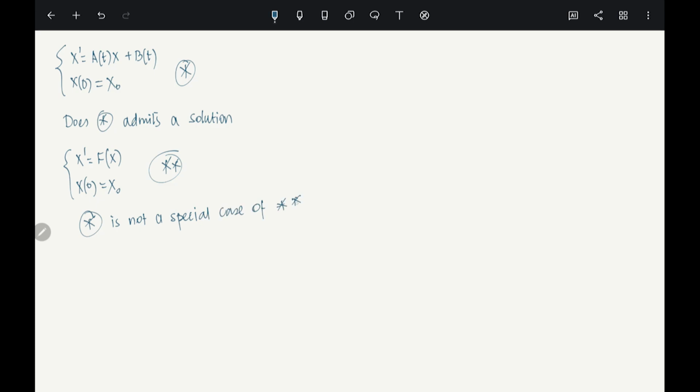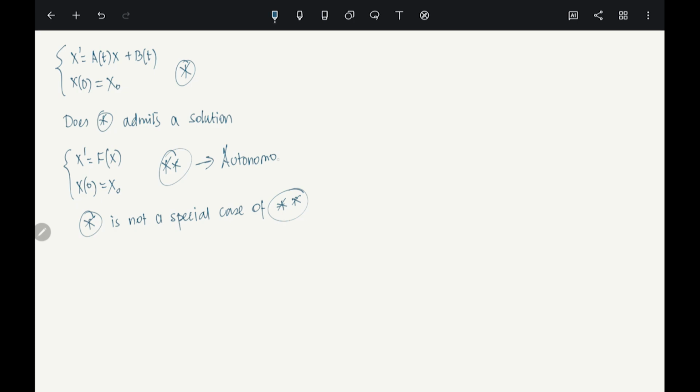Basically what I am trying to tell you is that for a particular f, you cannot write it as f of x equals A x plus b, where A and b are variable. The Picard existence and uniqueness theorem, which I did, is for systems which look like double star.